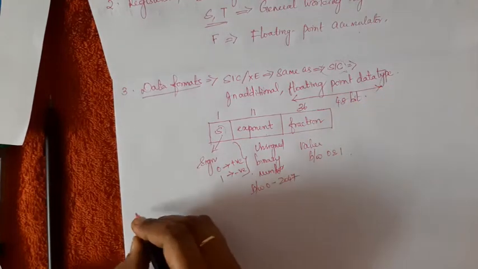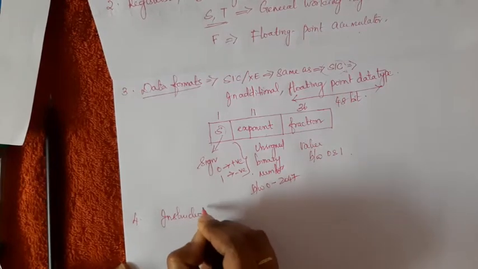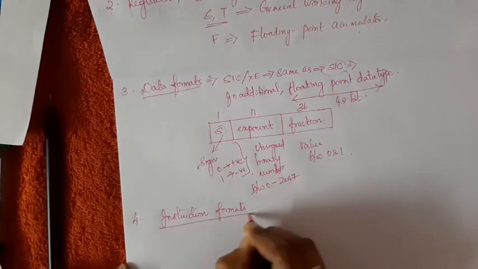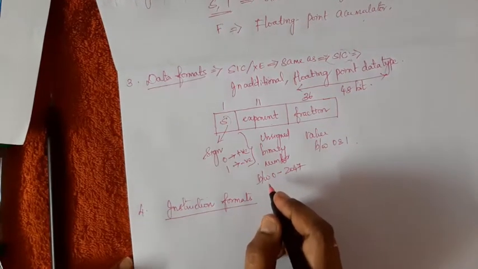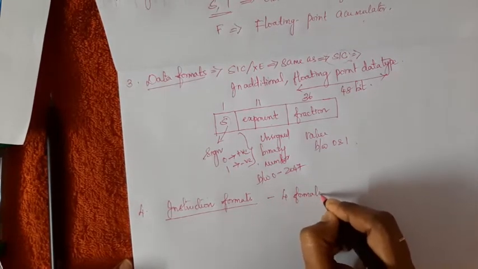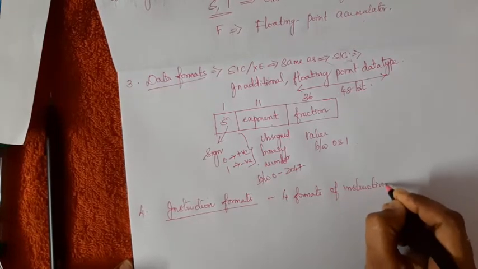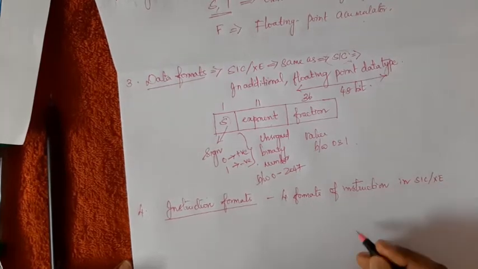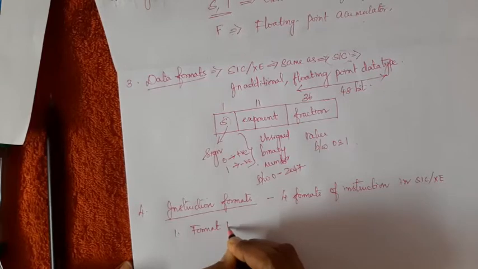Okay, so now we'll see instruction formats. Here we have 4 formats of instruction in SIC XC. The first format is format 1.